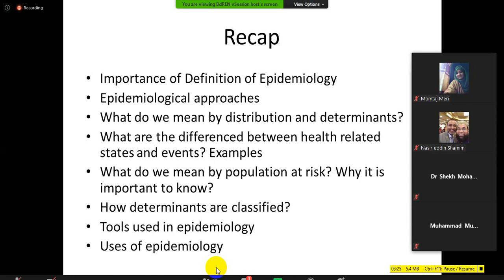Otherwise we consider ourselves healthy, but that is not true, because a person may be physically fit, but he might have some social problem, a problem in the family, and some at work, right? And that also disturbs him or her from leading a normal healthy life. So those components are not less important.